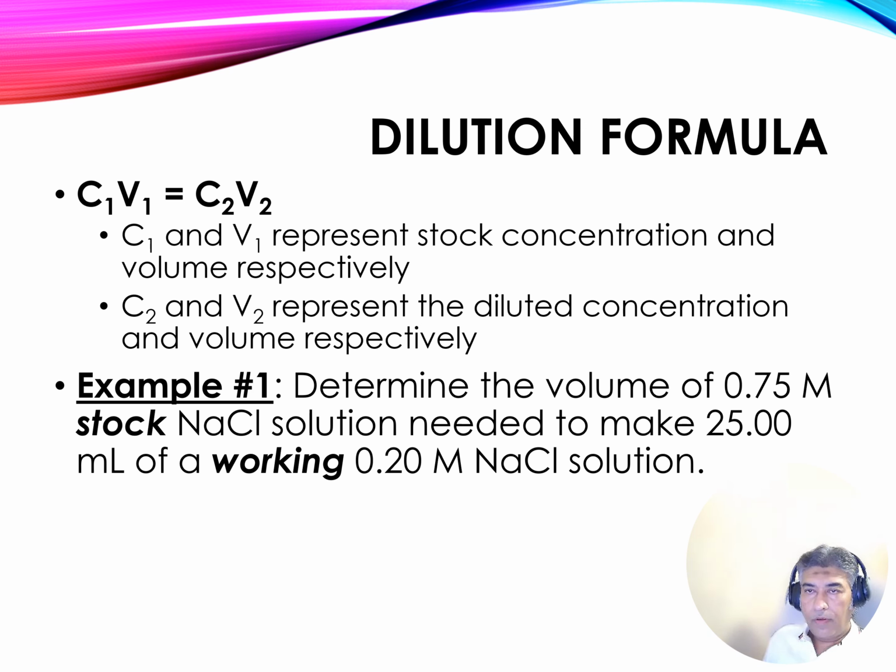So we know in molecular biology, the most common dilution formula is C1V1 equals C2V2, where C1 and V1 represent stock concentration and volume respectively, and C2 and V2 represent the diluted concentration that we achieve after dilution and volume respectively. In this example, determine the volume of 0.75 molar stock sodium chloride solution needed to make 25 milliliters of a working 0.20 molar sodium chloride solution.